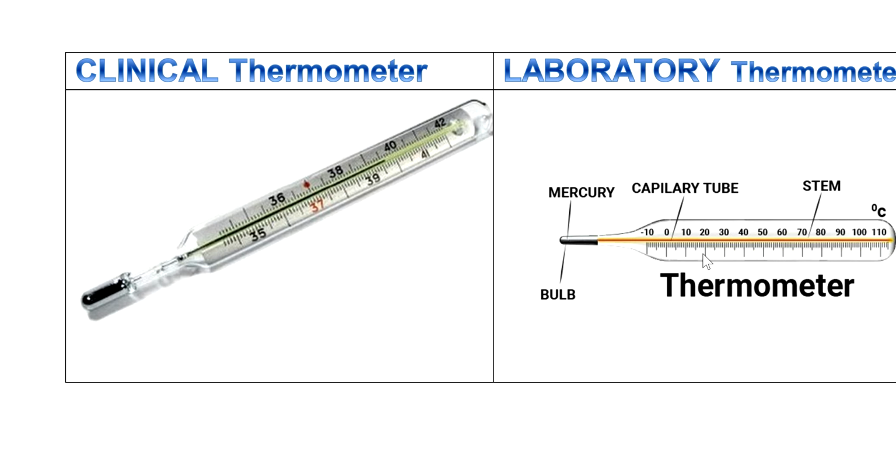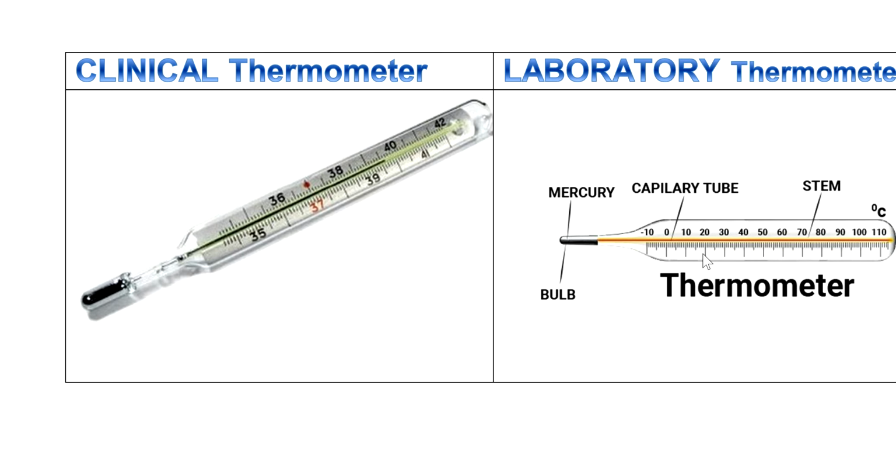Students, because of these features, they have some other characteristics associated with them. The thermometer which has more or wide range is less sensitive as well. Why is it less sensitive?